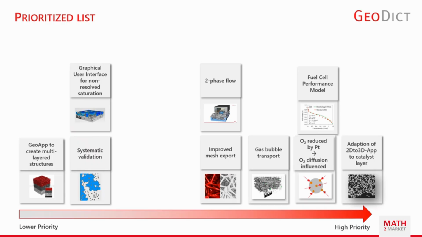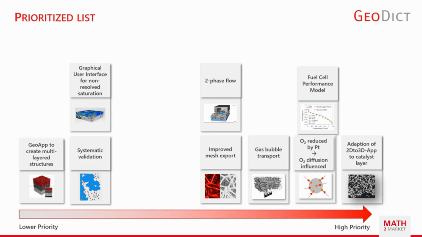One request was to have more validations for the different modules. The one that you see here in the image is GeoDict, and for example, to have a better user interface for unresolved two-phase flow simulations.